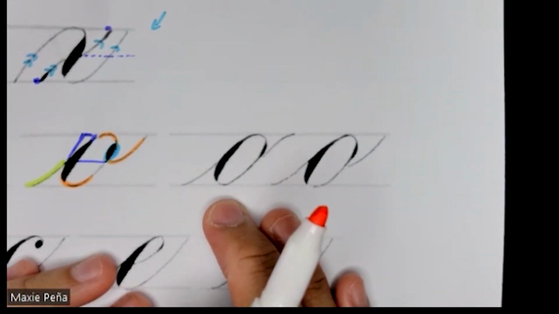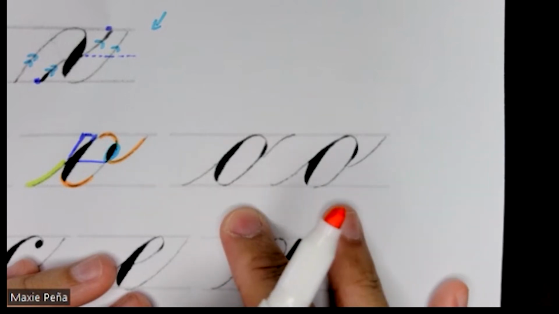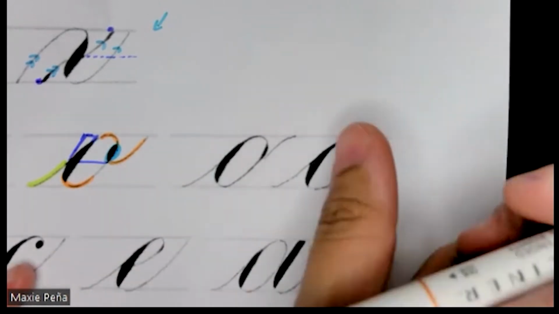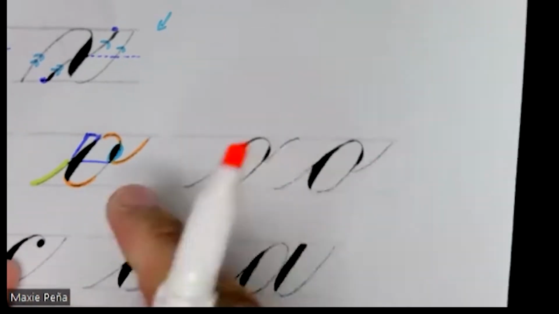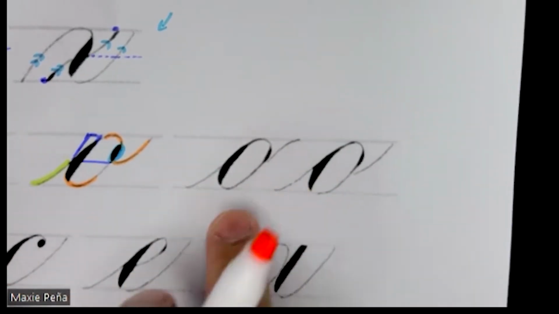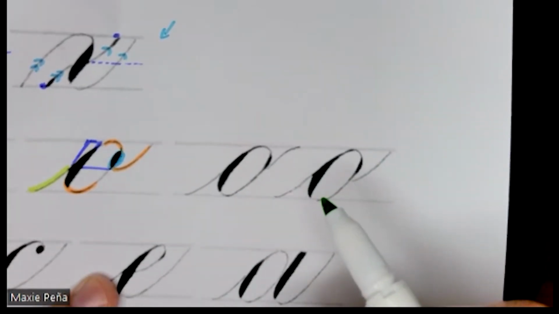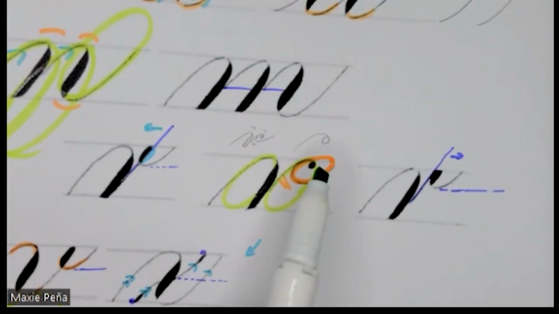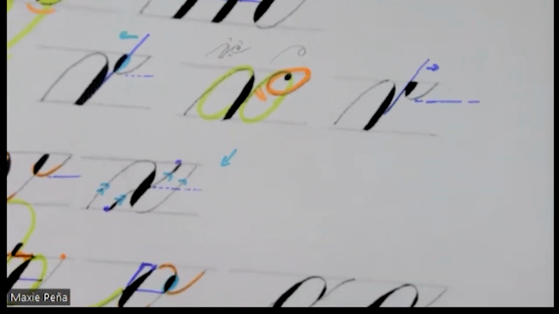There are a couple of letter O's here that are two different styles, because they have different connectors or exit strokes. So this is the standard one, I would say. And this second one, the only letters that I would see it connected to would be something that belongs to this group, the N, M, R here.